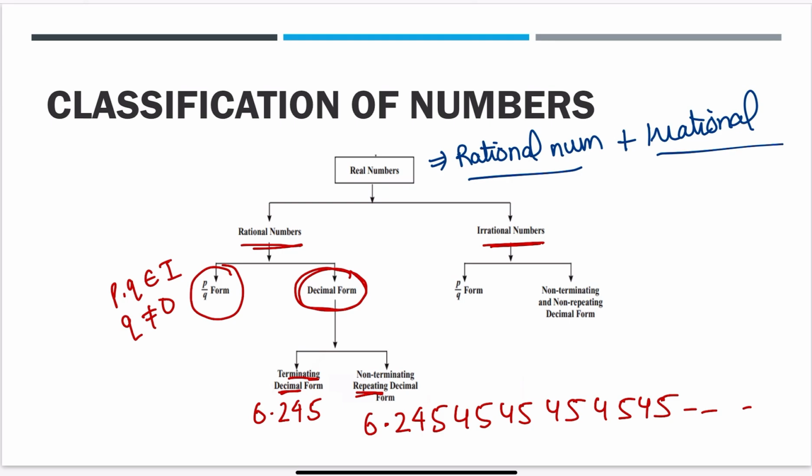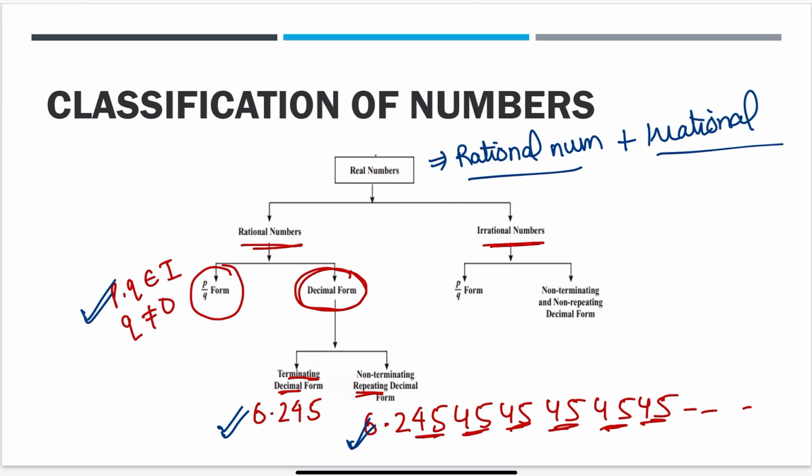So this is non-terminating, means this is not ending anywhere, but still some part is getting repeated. So that is another way to find if it is a rational number. The first way is by definition, the p by q form. Second way, it has to be a terminating decimal. Third way is it can be non-terminating, means it can go on forever, but there should be some repeating pattern in the decimal part, right?